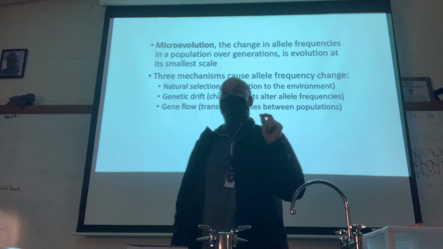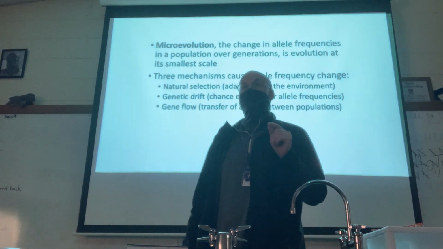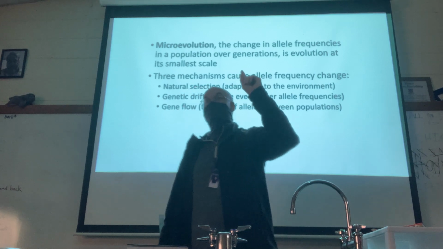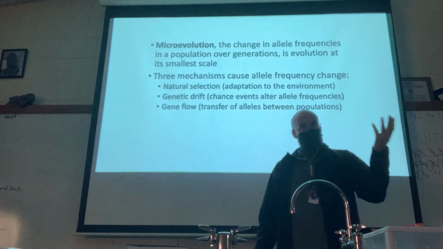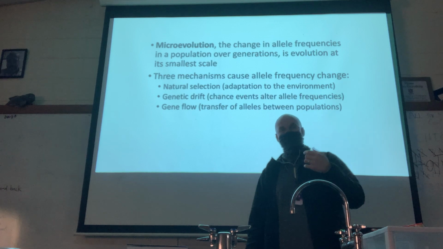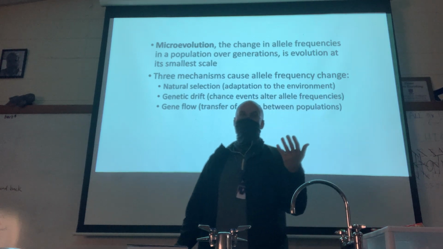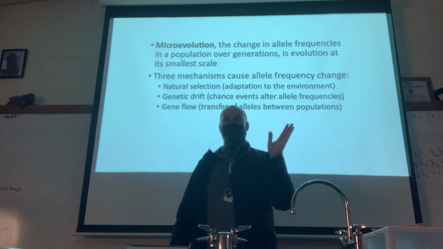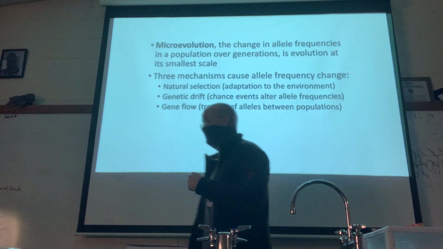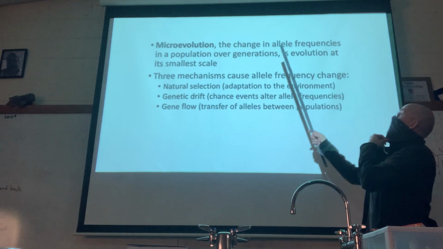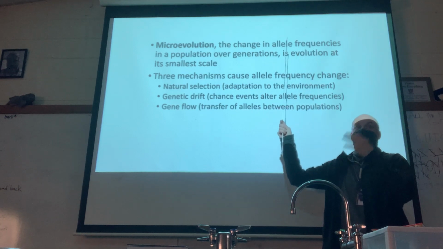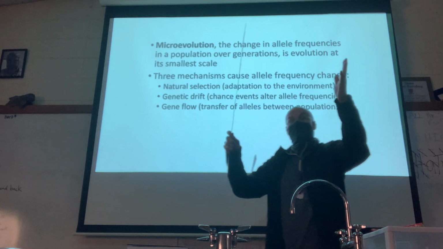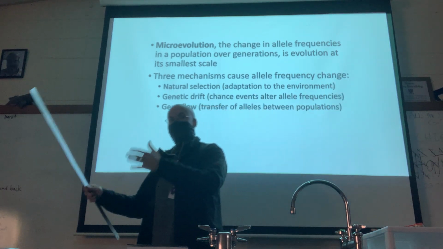You could also, instead of using the word allele, use the word gene. A gene and an allele, they're very similar terms. Gene's more general, allele is like the flavor of the gene, whether it's the dominant one or the recessive one. But we look for how common a gene or genes are in a population over the course of time.